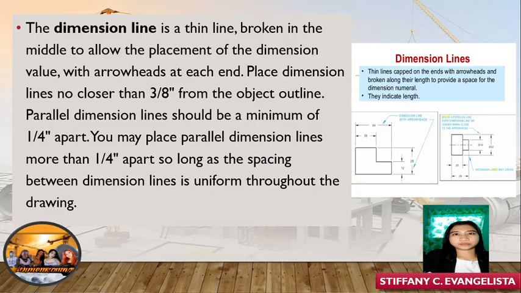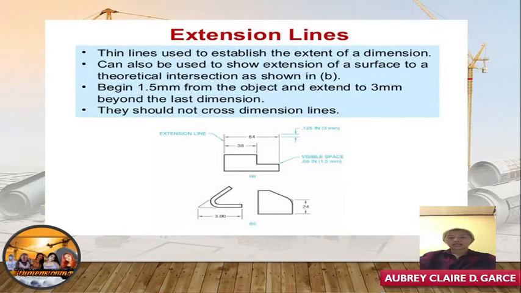Extension lines are thin lines used to establish the extent of a dimension. They can also be used to show extensions of a surface to a theoretical intersection, as shown in B. They begin 1.5 mm from the object and extend to 3 mm beyond the last dimension.